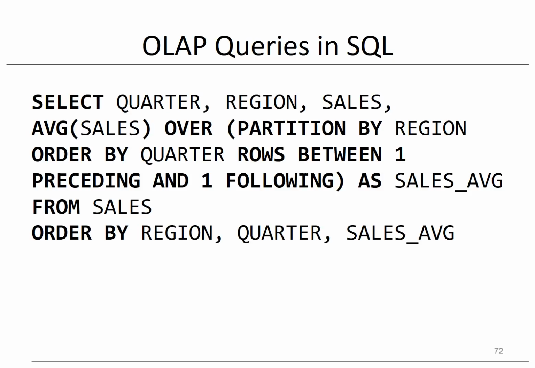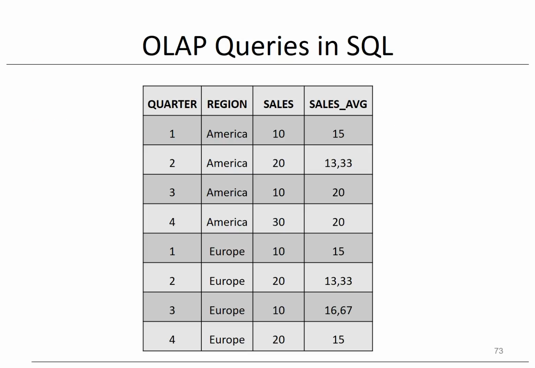This query calculates the average sales for each region and quarter on the basis of the current, previous, and next quarter. Here you can see the result.